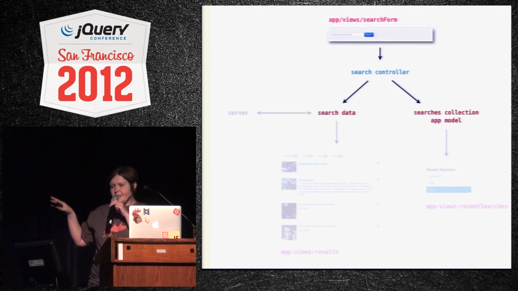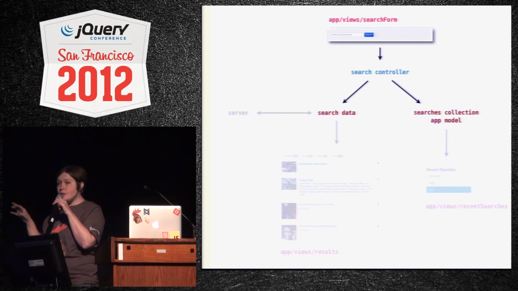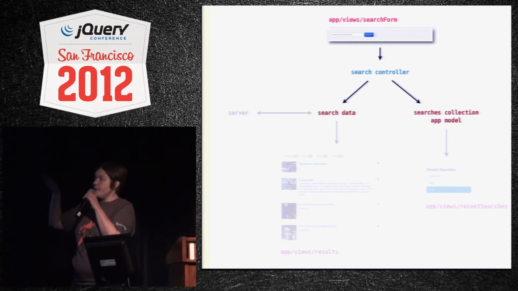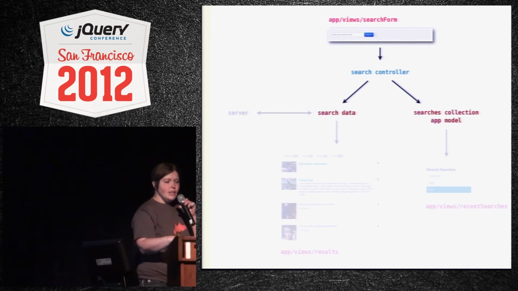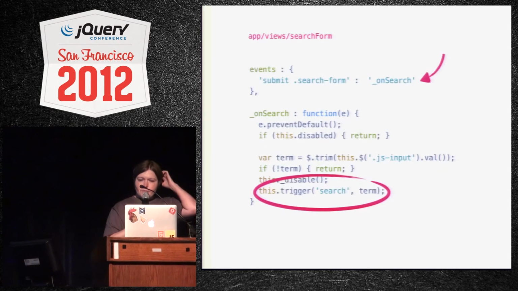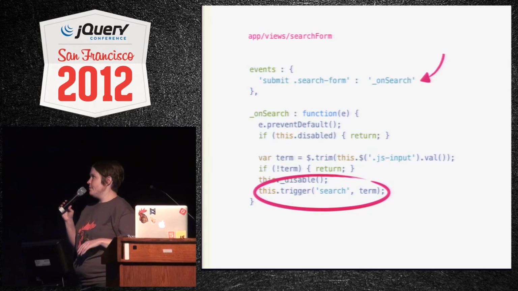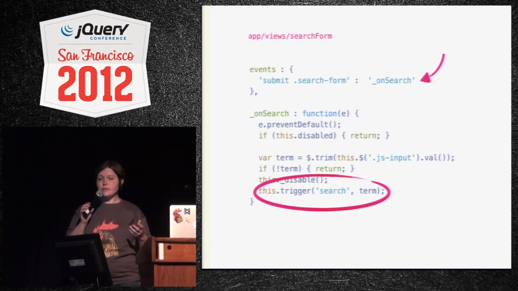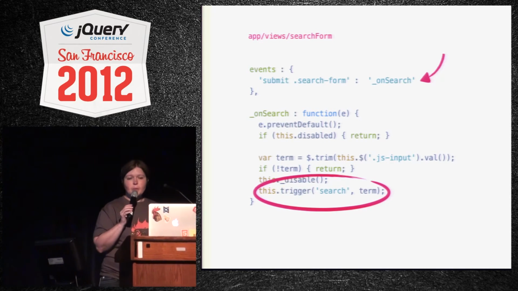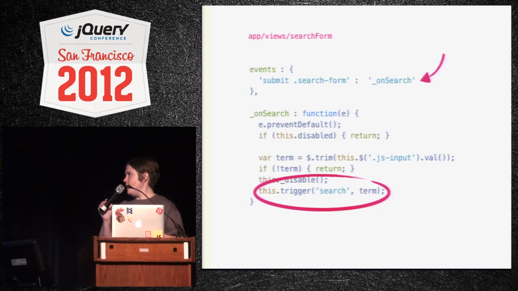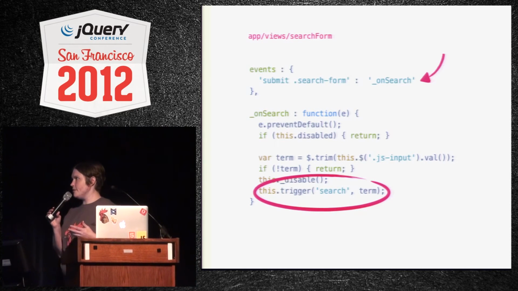So let's zero in on what the code looks like for this transaction of making a search. So here's our search form. Well, here's a little bit of our search form view. And it's pretty simple. We say that when the search form is submitted, then we want to run the _onSearch method of our search view.